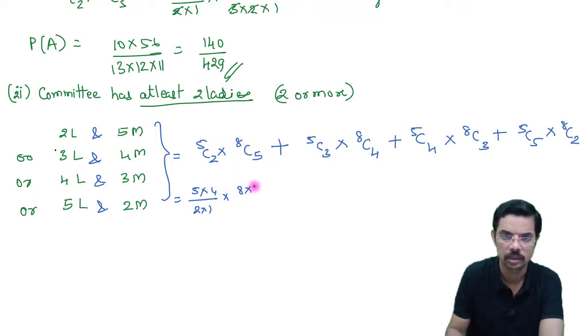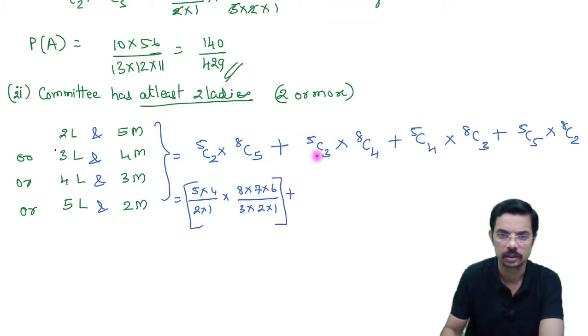So it is 8 into 7 into 6 divided by 3 into 2 into 1, plus this is 5C3. Okay, this is one part. 5C3 is equal to 5C2 again. So it is 5 into 4 divided by 2 into 1, into 8C4.